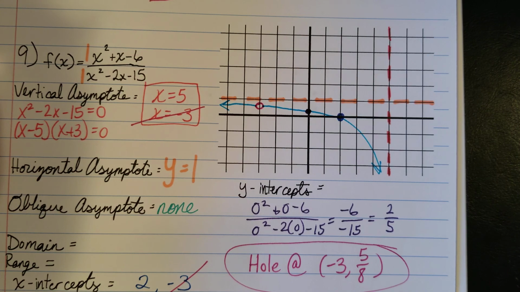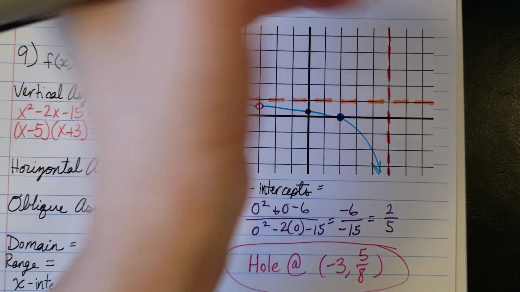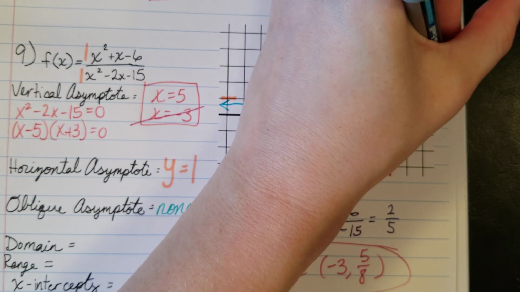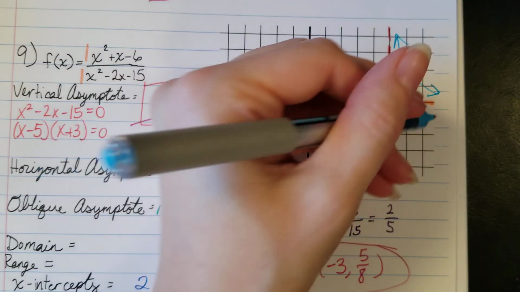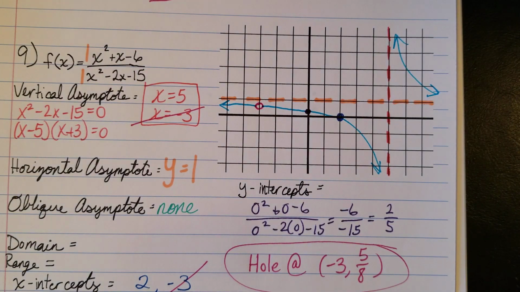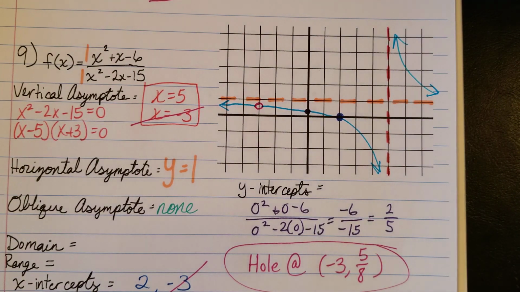All right, and then we don't have any other x-intercepts or anything, so the other one would be up here because we can't cross the x-axis. All right, so our domain, we are excluding the 5, and we're also still excluding the -3 from the domain.